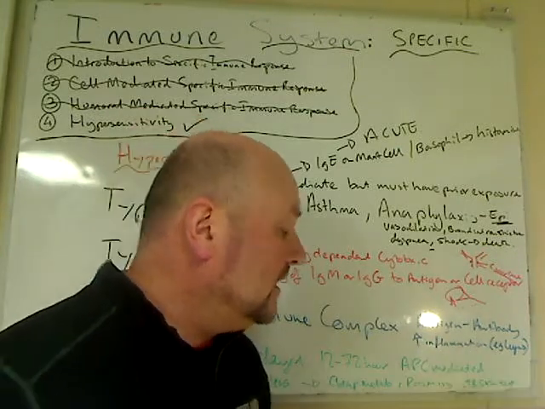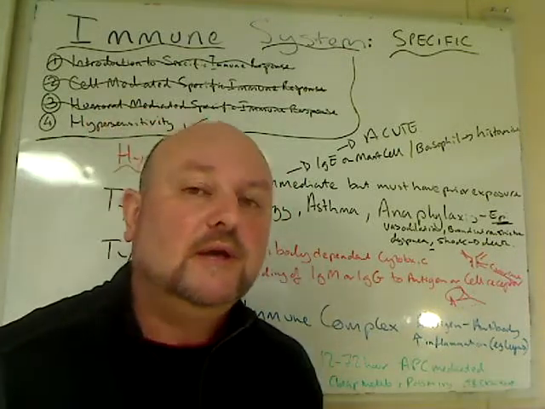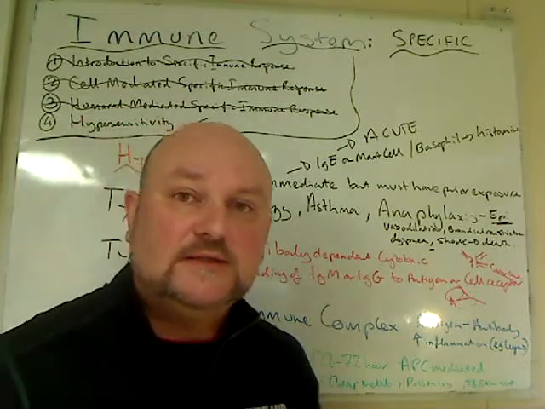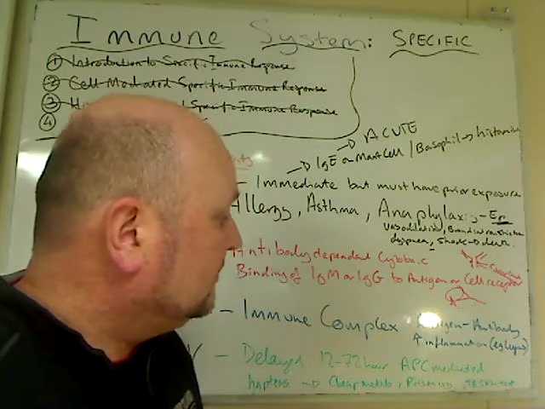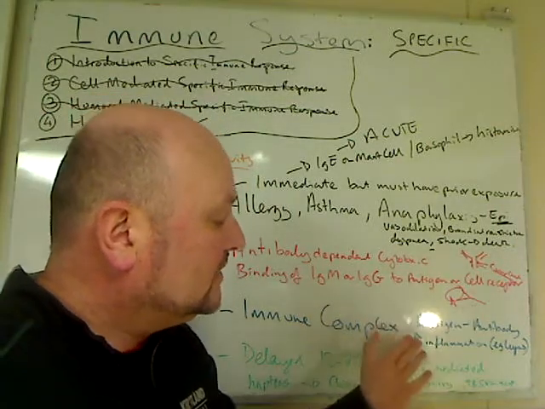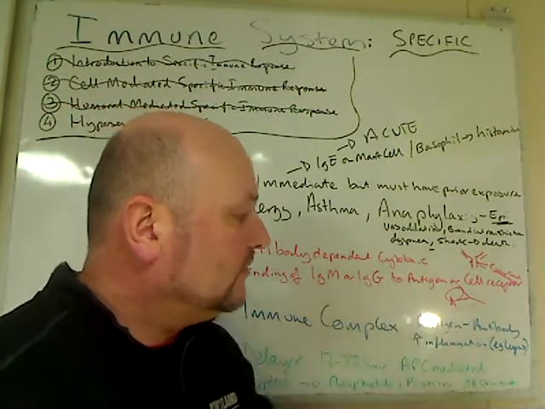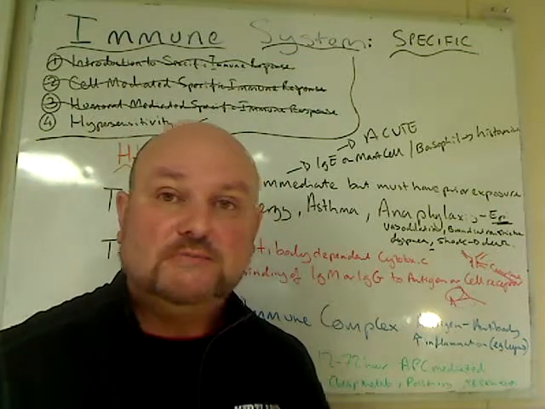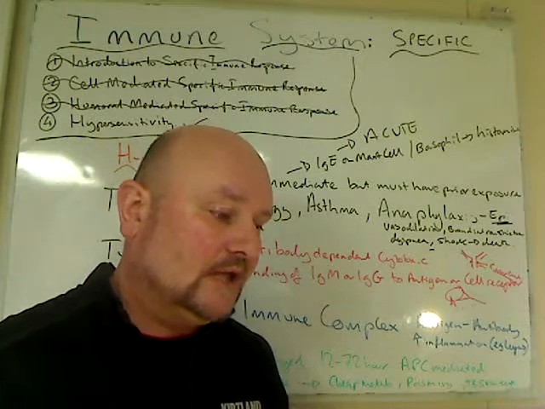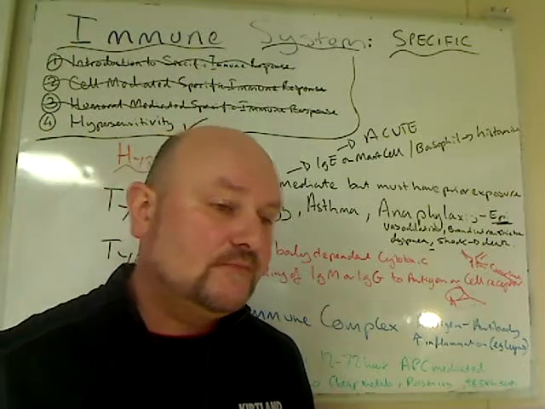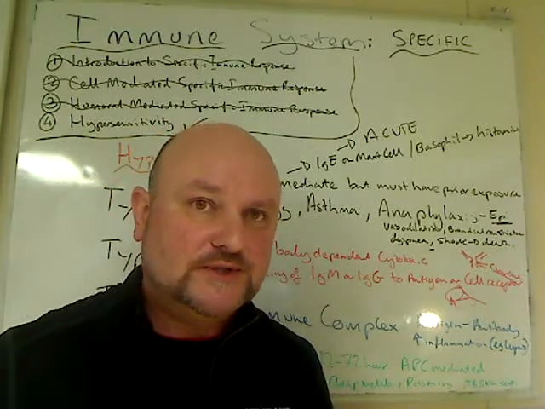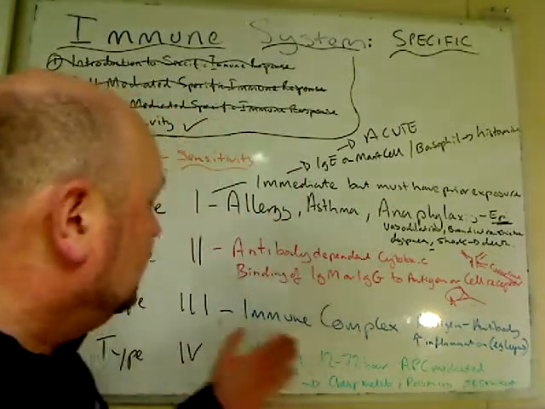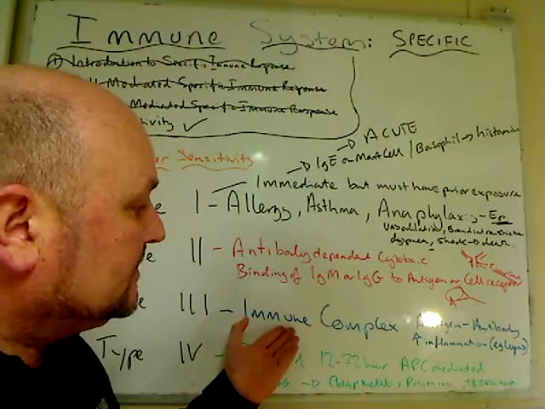And things like lupus, for example, systemic lupus erythematosus is a very good example of that, because you're getting antigen-antibody complexes running throughout the blood and creating inflammation in particular organ systems. So lupus can actually be different for individuals that suffer from it because it affects one organ system more than the other. But this is a type 3 hypersensitive response.